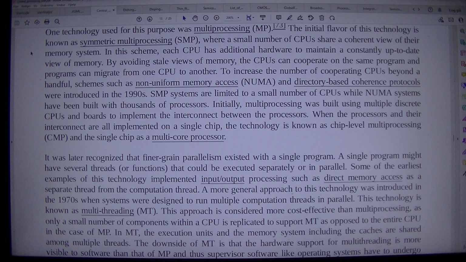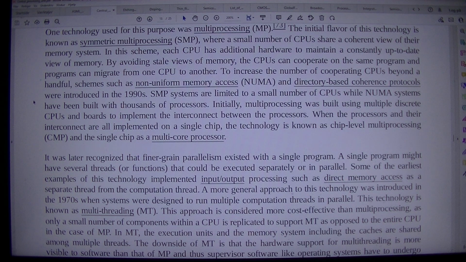By avoiding stale views of memory, the CPUs can cooperate on the same program and programs can migrate from one CPU to another. To increase the number of cooperating CPUs beyond a handful, schemes such as non-uniform memory access, NUMA, and directory-based coherence protocols were introduced in the 1990s.